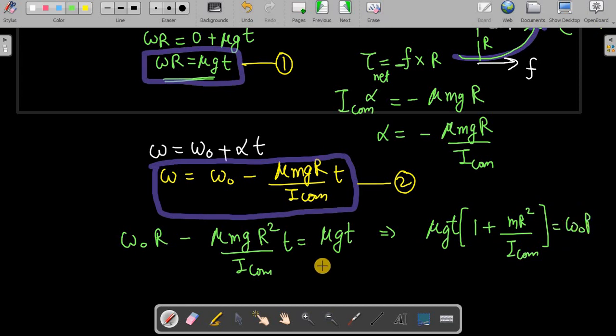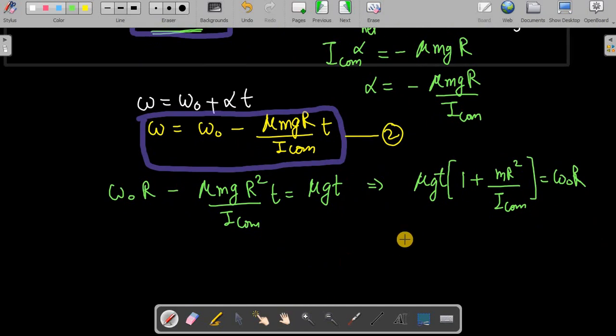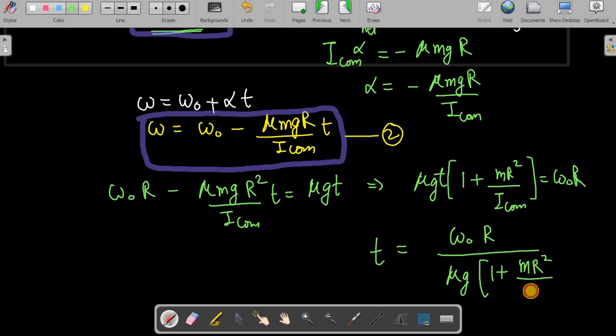So you are deriving an important formula here. Of course many people want to just remember this formula, but you need to understand what is happening here. So t equals omega naught r divided by mu g into 1 plus mr square by I center of mass. You can remember this formula.